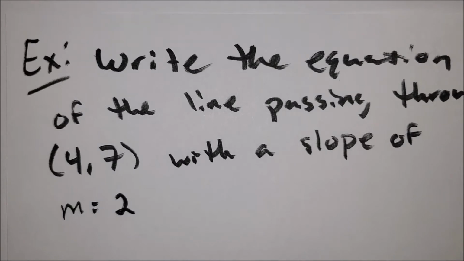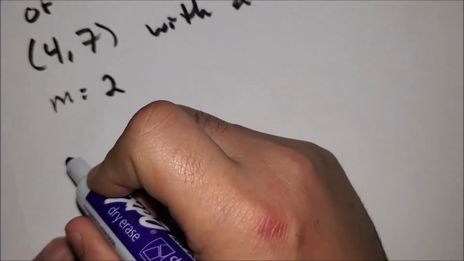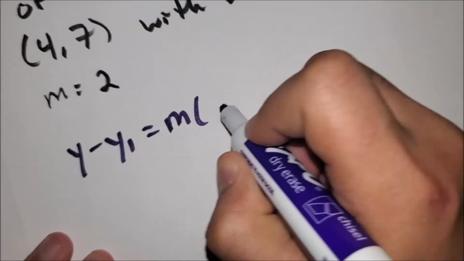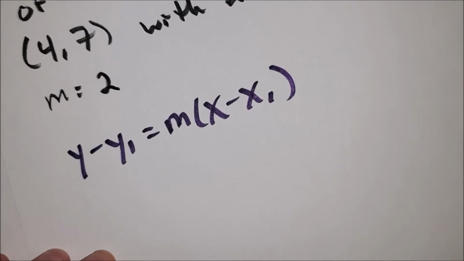So here we have an example. Write the equation of the line passing through the point (4, 7) with a slope of m equals 2. First we're going to write out our equation: y minus y1 equals m times x minus x1. Then we're going to put a few things into here.